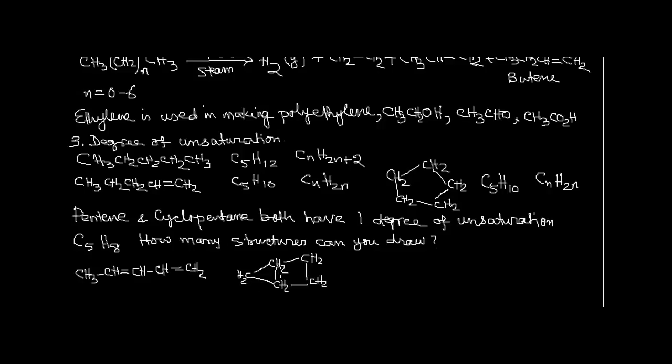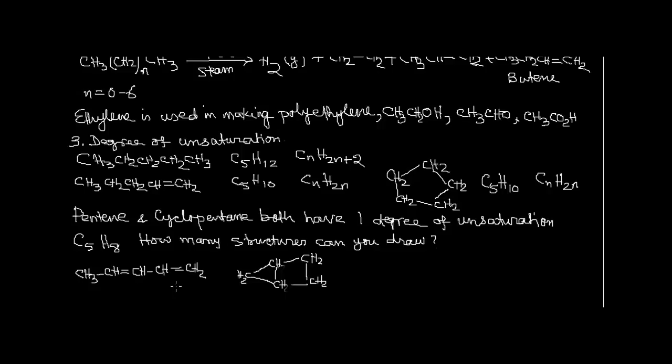Okay, now look, I made a mistake over here. When I draw the 4, this carbon is not going to have 2 hydrogen in it. So I will make it. Does it make sense now? So now you see I have 2, 3, 4, 5, 6, 7, 8. So that fits C5H8.